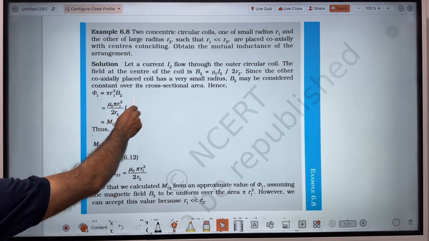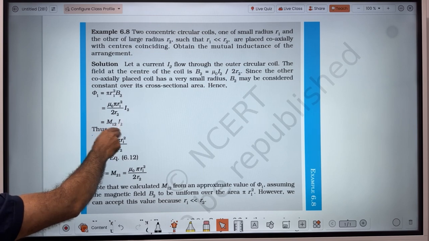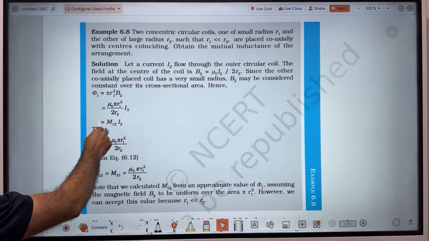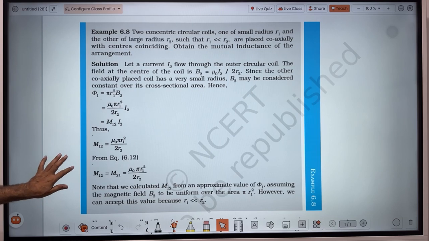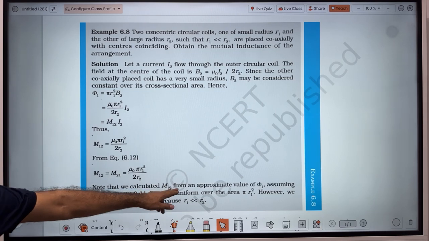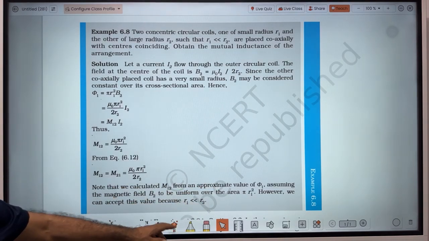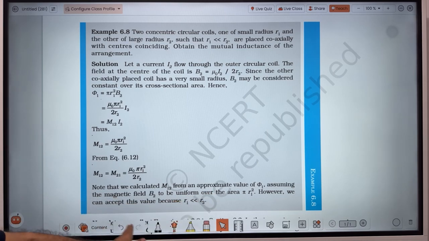After putting that value, we compare phi 1 equal to M12 I2, right? So we can say M12 will be this much. Then M21 is also the same. So note that we calculated M12 from an approximate value of phi 1, assuming the magnetic field B2 to be uniform over the area pi R1 square. However, we can accept this value.